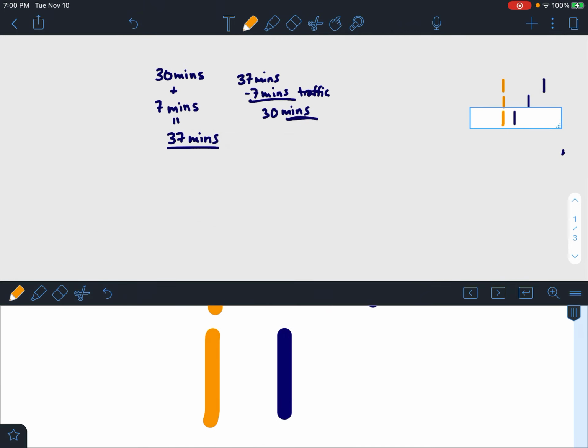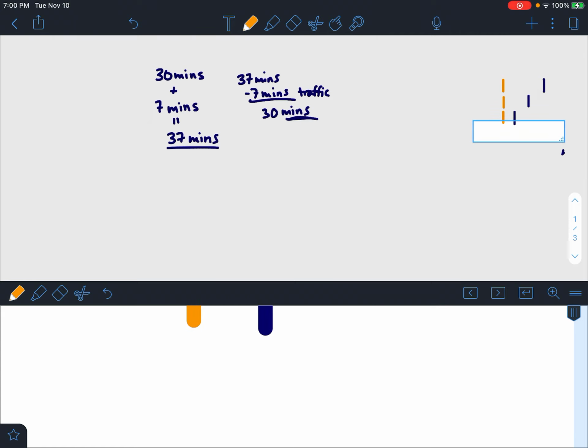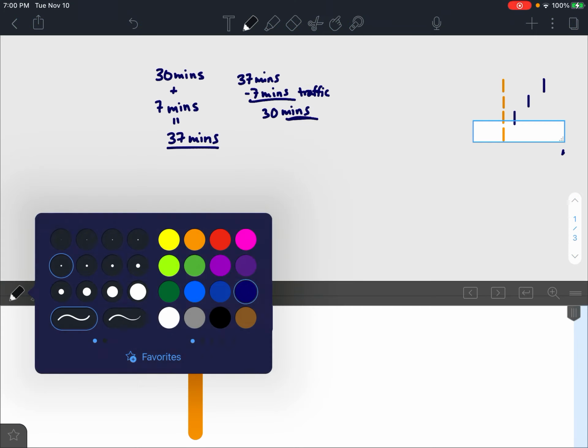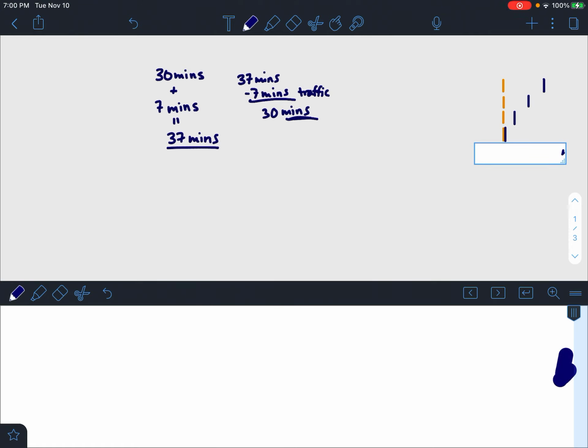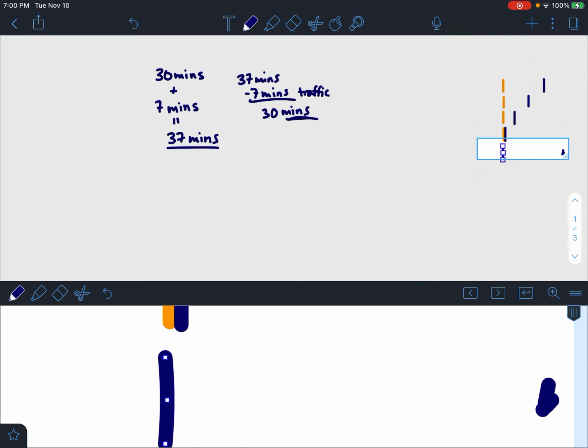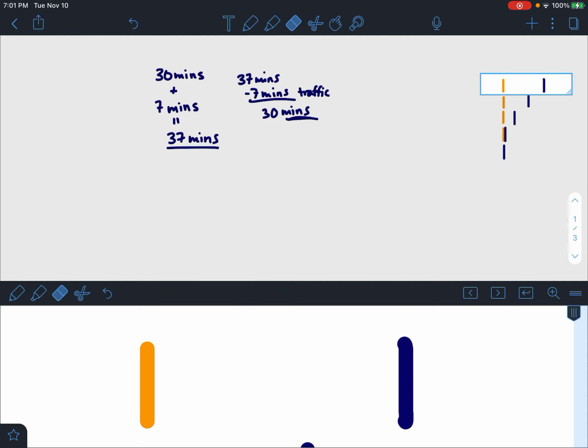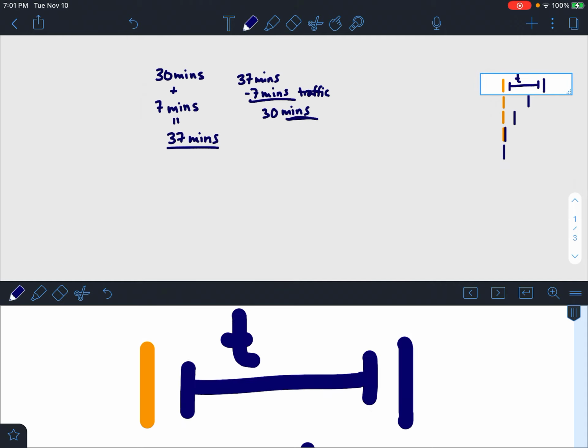Eventually meet right here, and as you can see, the blue line will become the orange line. And they calculate what time it takes to reach that point. That's what we are trying to find: what time it takes to reach that point.